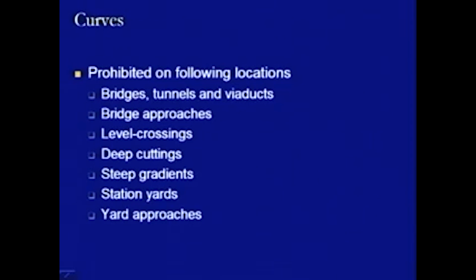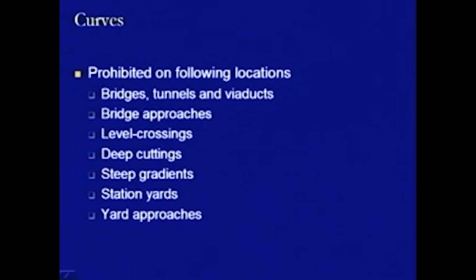In the case of station yards also, because station yards are locations where more maintenance takes place, and there is slow movement in the overall yard where maintenance is carried out, it may be for wagons or for locomotives.